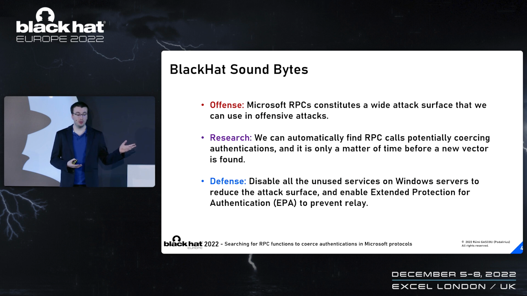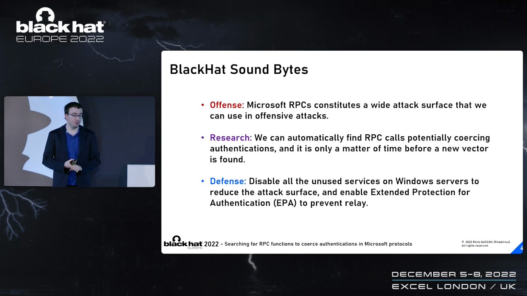From a research perspective, we can automatically find RPC calls to coerce authentications, but it's only a matter of time until a new call is found, because we still have to try them by hand to trigger the authentication with a proof of concept, because we need to activate the services.